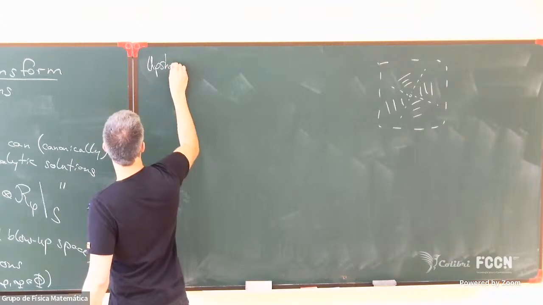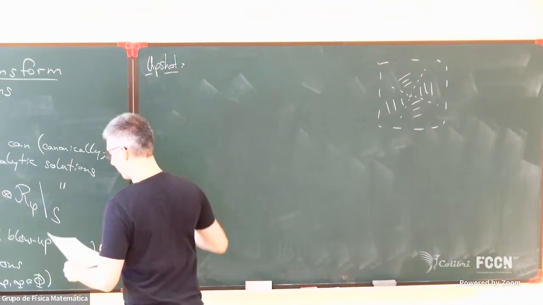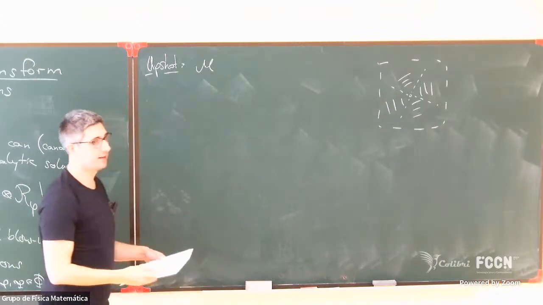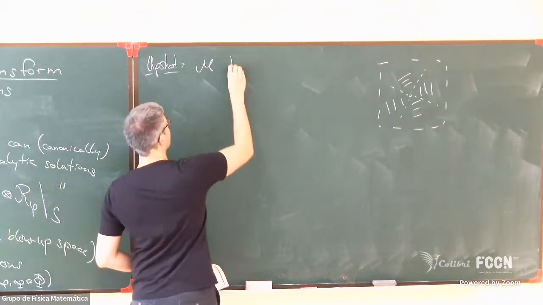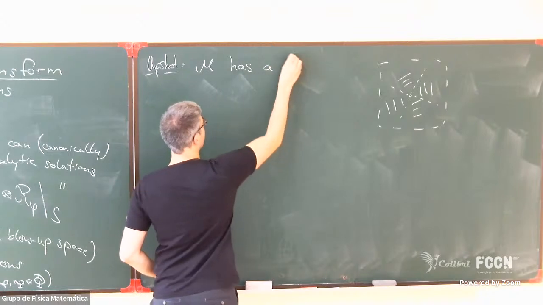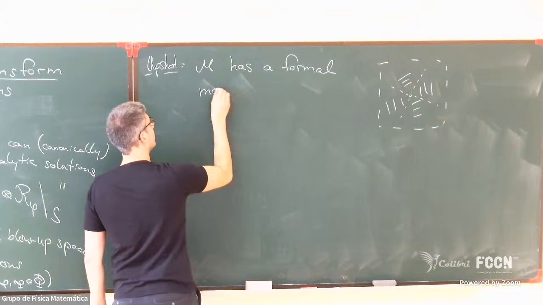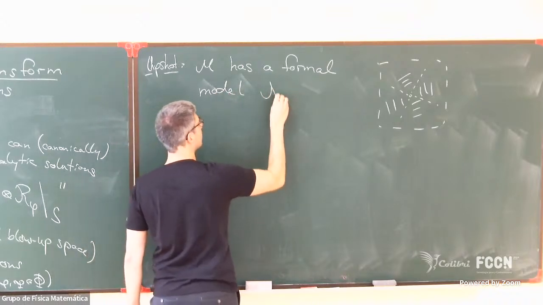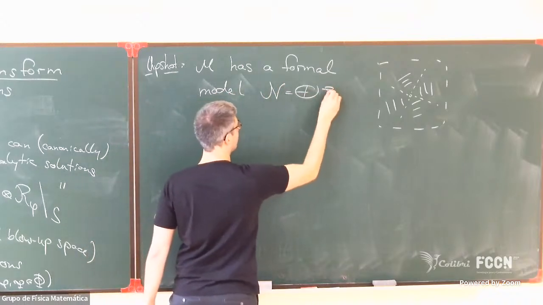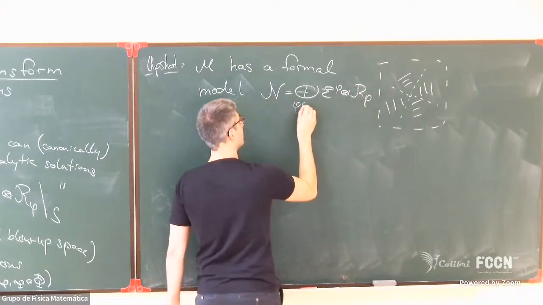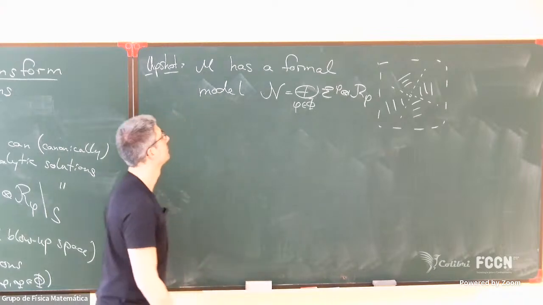So let me summarize what I did up to now. The upshot is, if I'm given M, it determines a formal model, let me call it N, which was this direct sum.